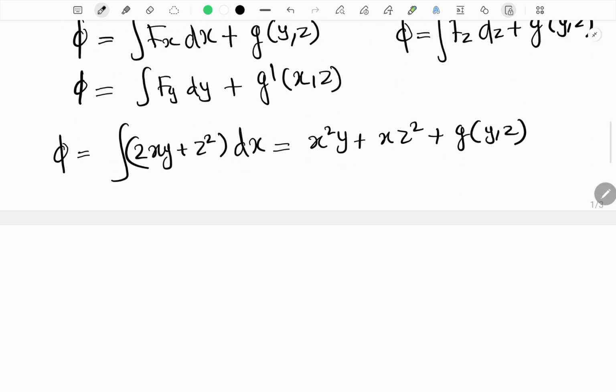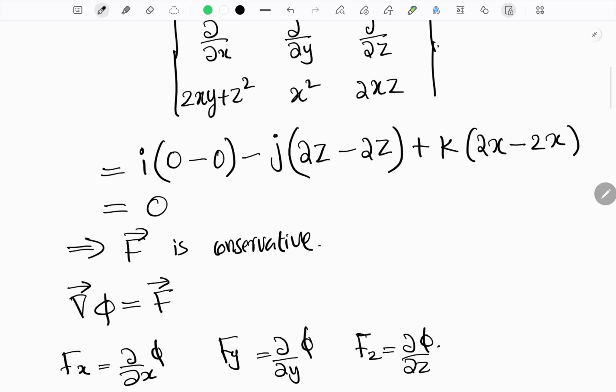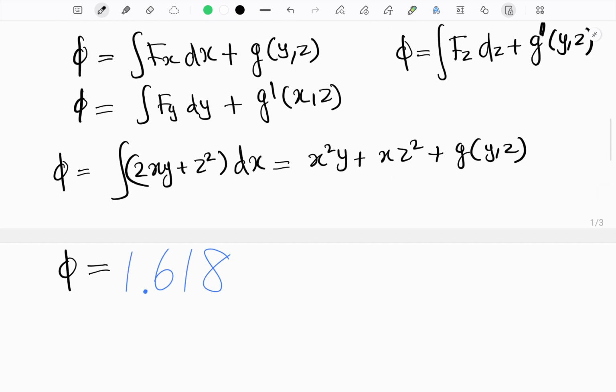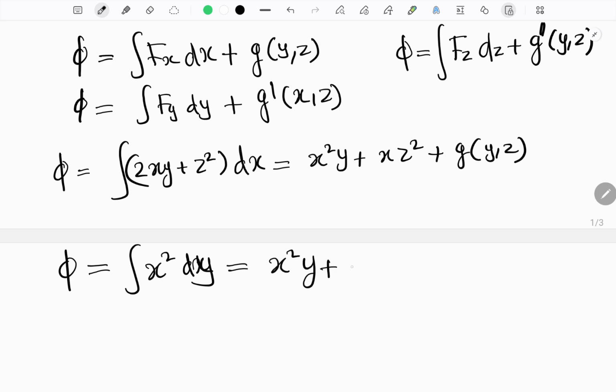In the same way, we can find the phi value using the fy component, and the fy component is x square. So it is the integral of x square dy. That will give us x square y plus g dash of x comma z.